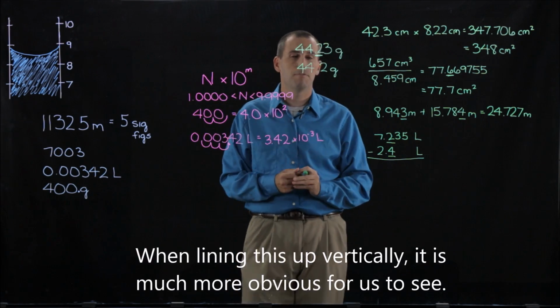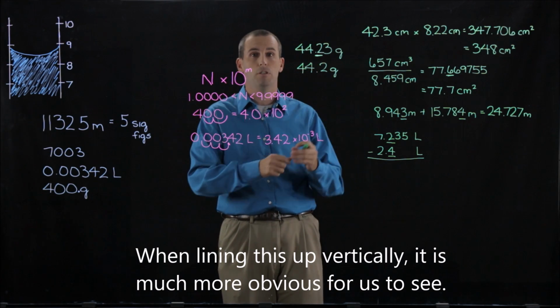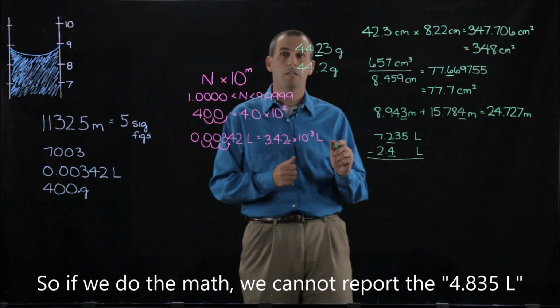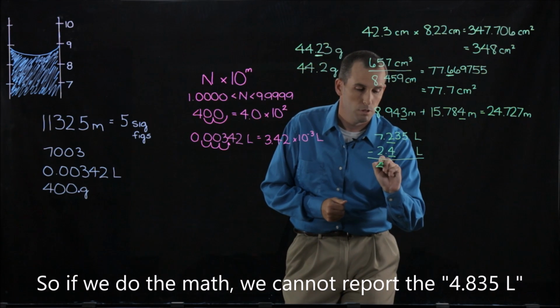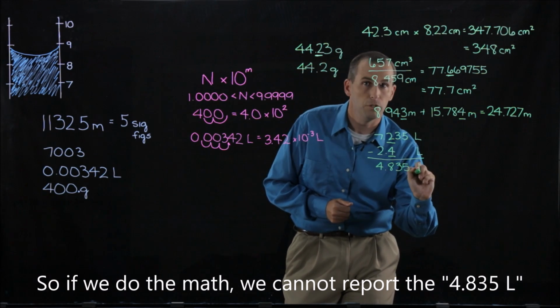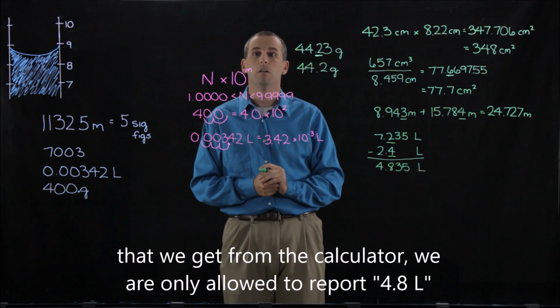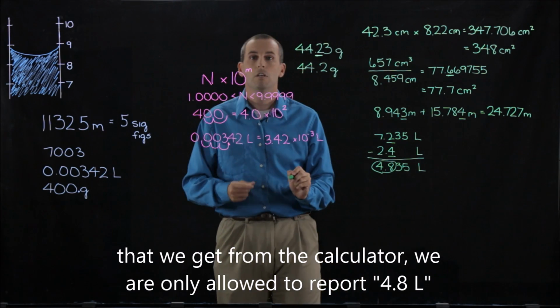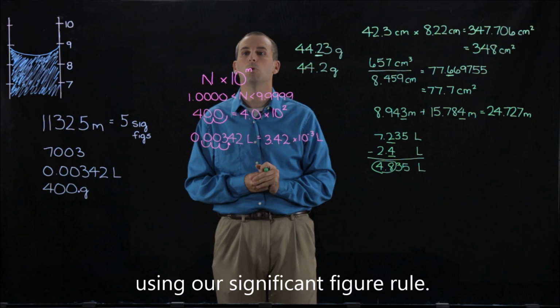When lining this up vertically, it is much more obvious for us to see. So if we do the math, we cannot report the 4.835 liters that we would get from the calculator. We are only allowed to report the 4.8 using our significant digit rules.